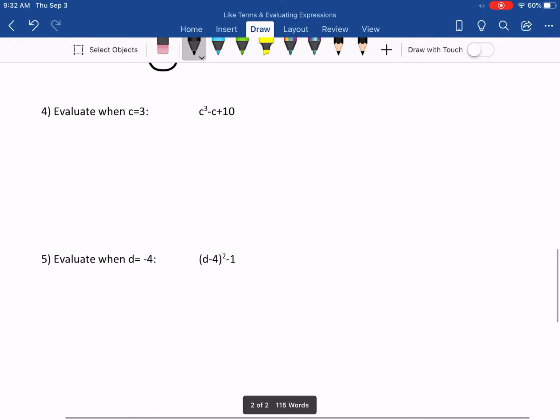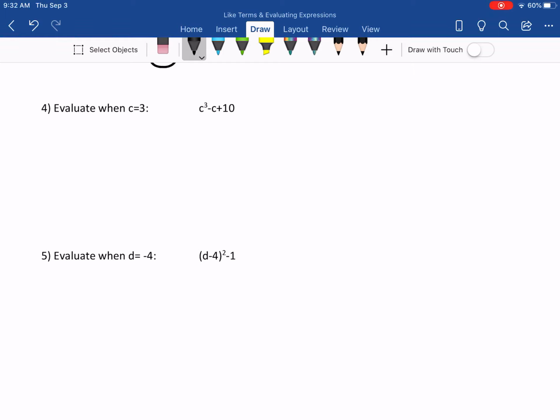Next, evaluate when c equals 3, c to the third minus c plus 10. So we're going to substitute 3 to the third minus 3 plus 10. Okay, so we have an exponent to evaluate here. 3 to the third means 3 times 3 times 3.